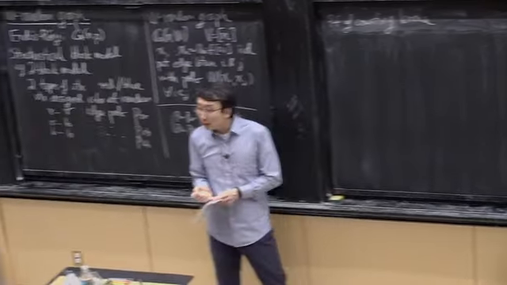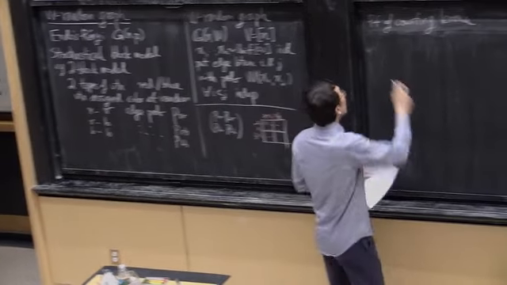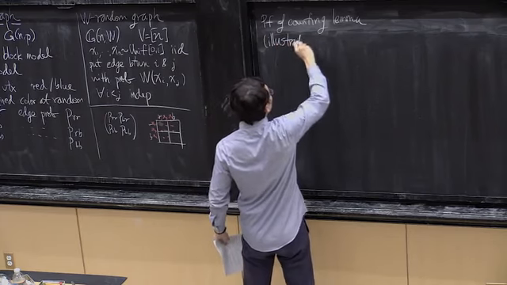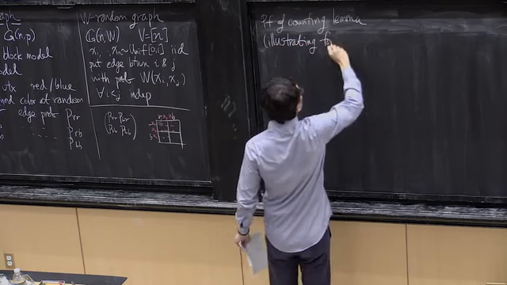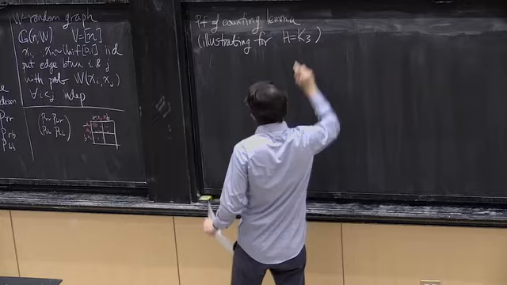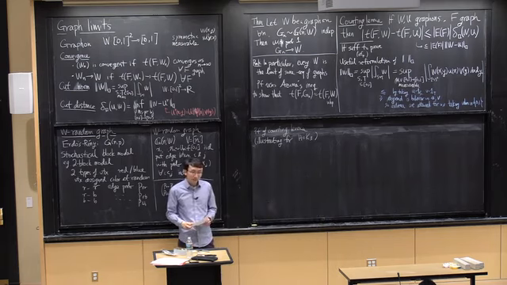Instead of writing down the whole proof for general H, let me write down a calculation that illustrates this proof for triangles. The general proof is the same once you understand how this argument works.